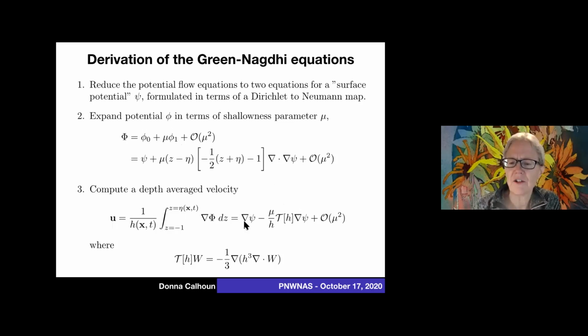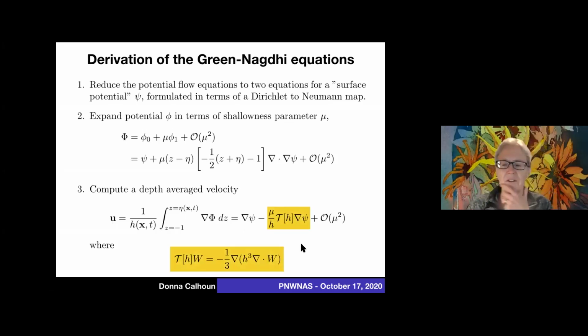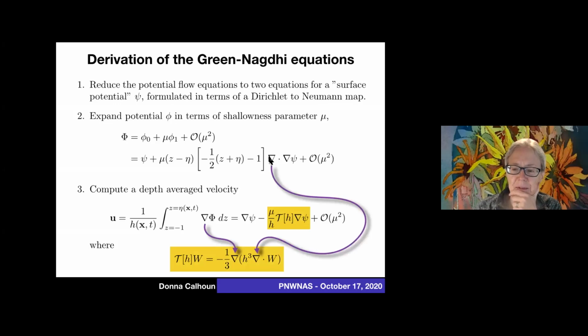But if we continue to higher order and include the first order term in this shallowness parameter, we end up with an extra term, this T of H, where T now is this funny operator that looks like the gradient of a divergence. Okay, so this gradient term comes from there, and this divergence term comes from here.